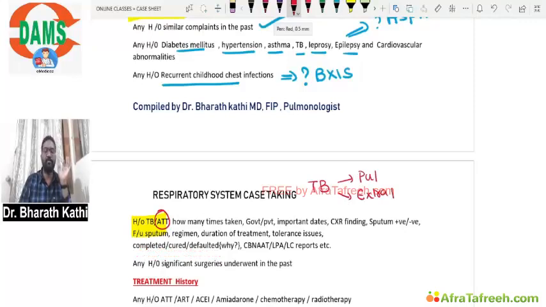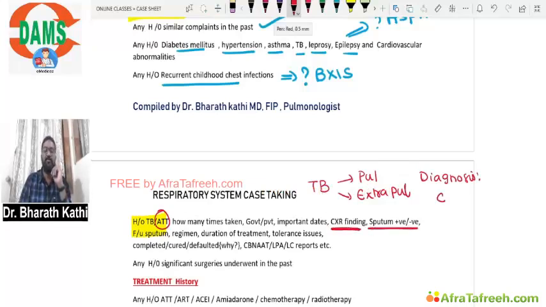You should ask him if the patient is able to say. How was the diagnosis made? Was it based on chest X-ray finding? Was it based on sputum? So was it sputum positive tuberculosis or negative based on chest X-ray? So what was the follow-up sputum?